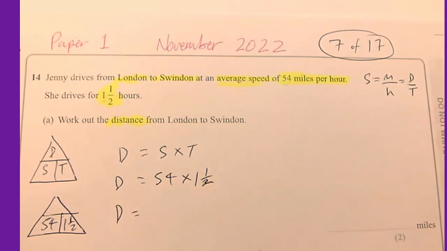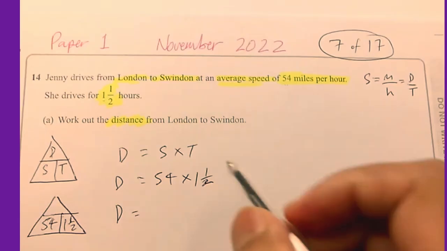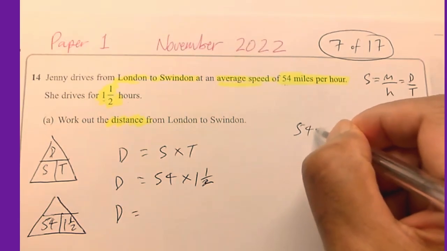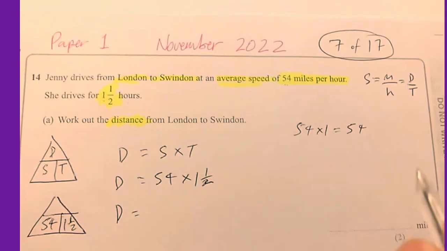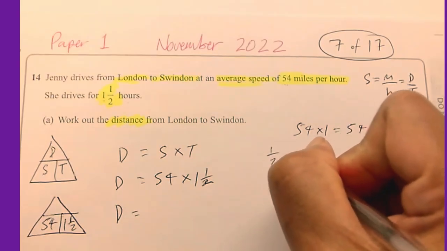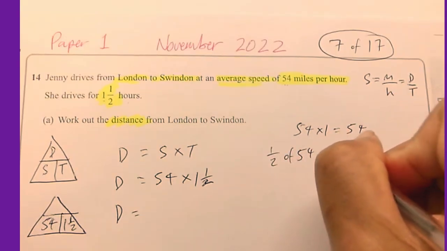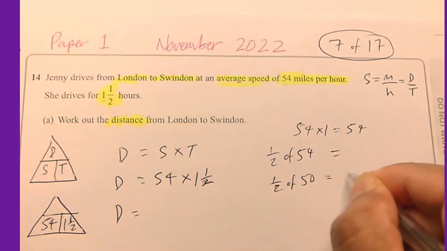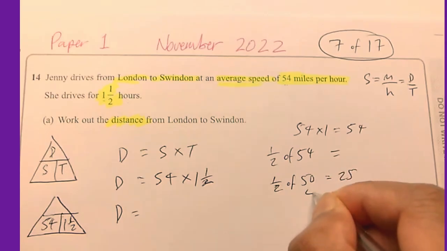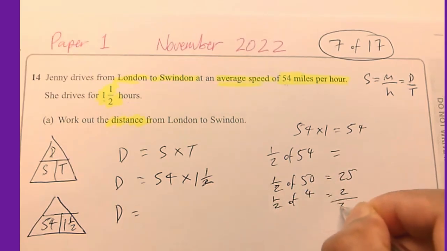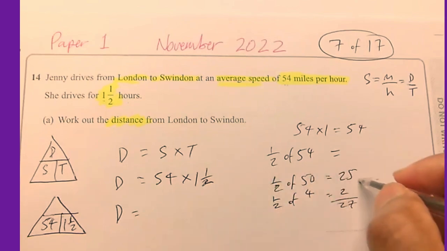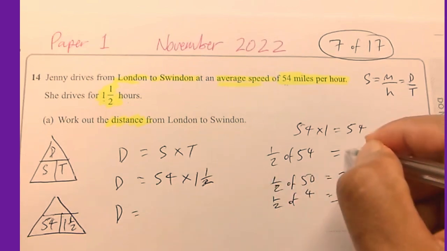Now this is non-calculator. How do I do this? Similar to before, 54 times 1 is just 54. What's half of 54? Half of 50 is 25. Half of 4 is 2. Add them together, so that's 27. So half of 54 is 27.